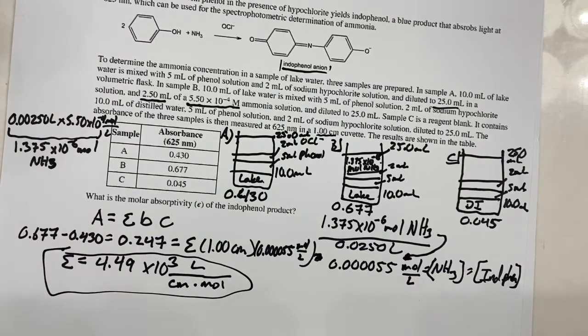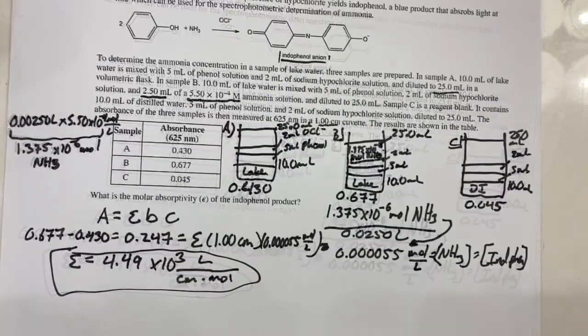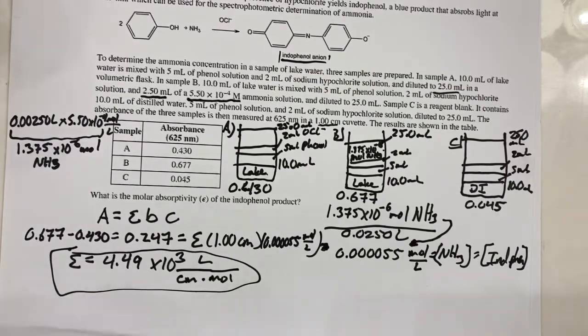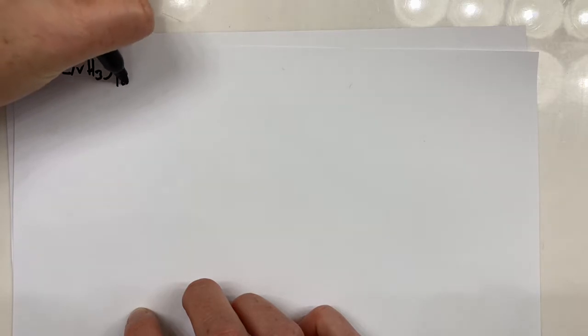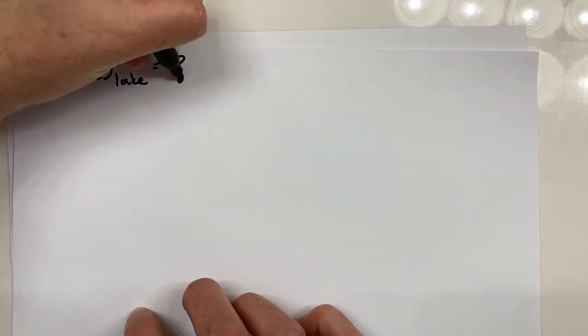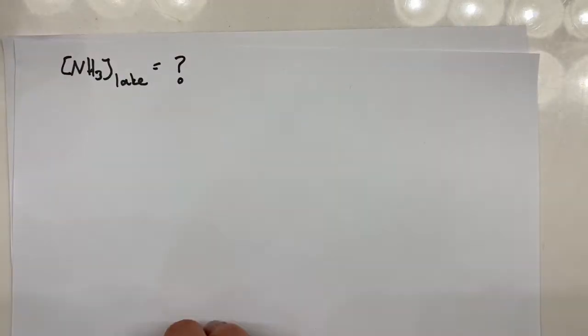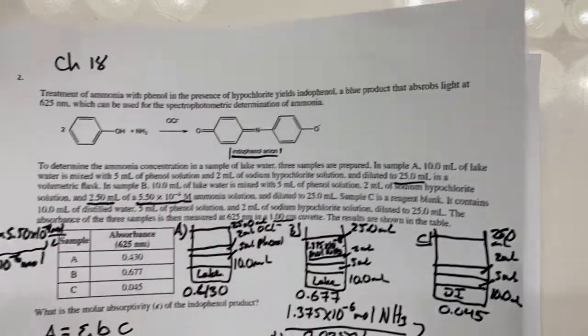The next question that's asked is, what is the concentration of ammonia in the lake water? Let's go ahead and do this. So we're looking at the concentration of ammonia in the lake. And we've got to figure that out. Well, how are we going to do that?